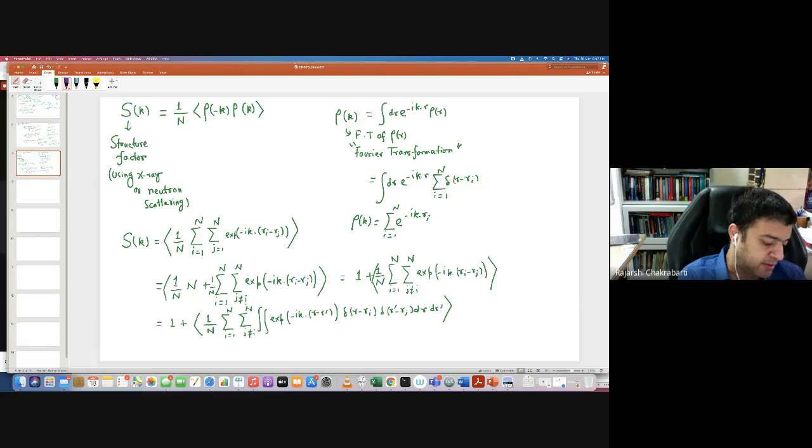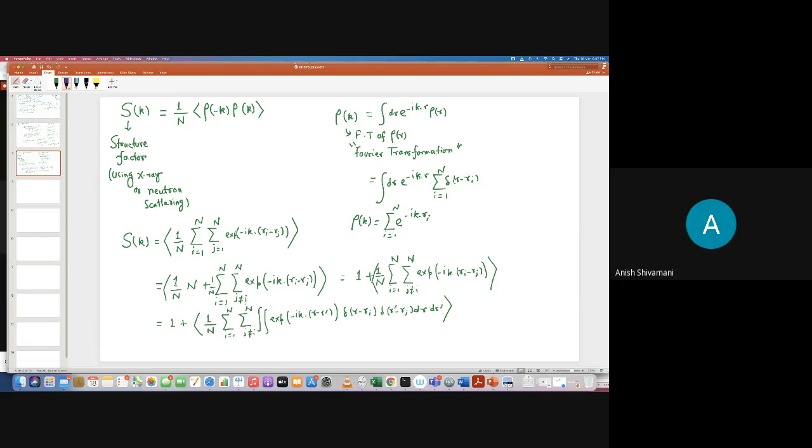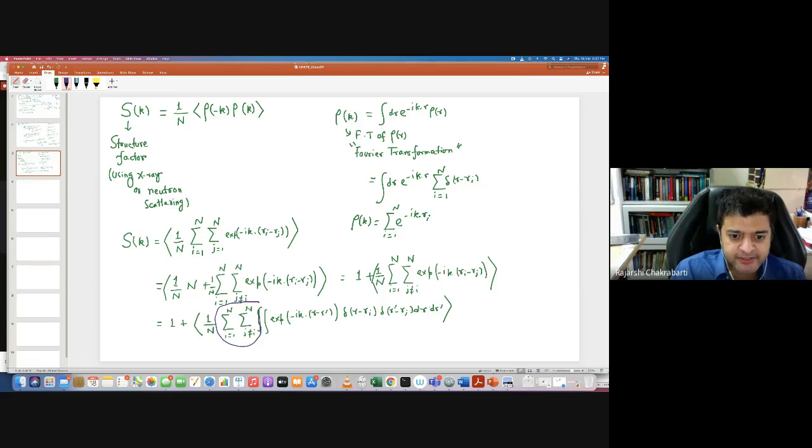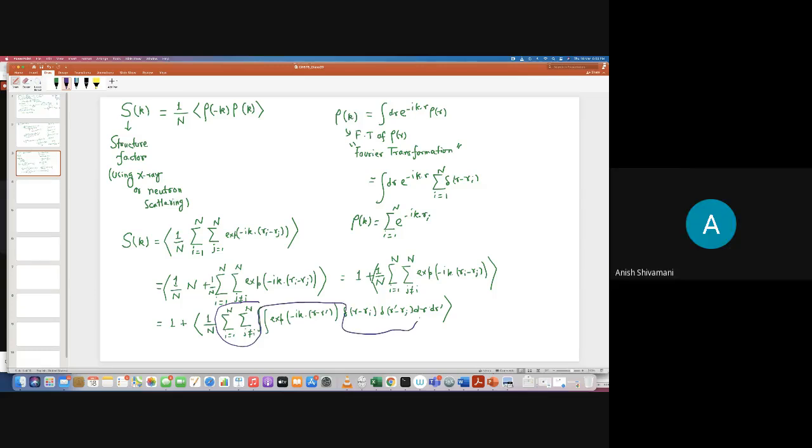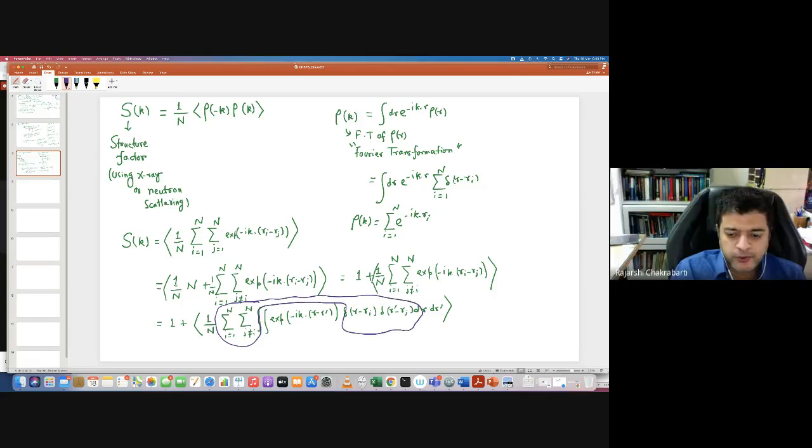It is the average of the sum over i, sum over j not equal to i. So basically, if I take that part, this is something like rho 2 by n, isn't it? Ri rj. Something like that, no?